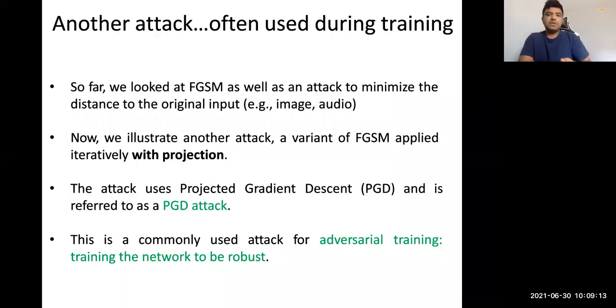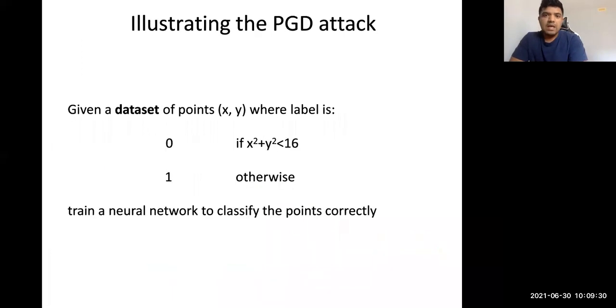We will now look more deeply into our PGD attack. We looked at FGSM, and PGD is just FGSM iterative with projection, and this is very commonly used for adversarial training to make our network more robust. So let's illustrate a PGD attack.